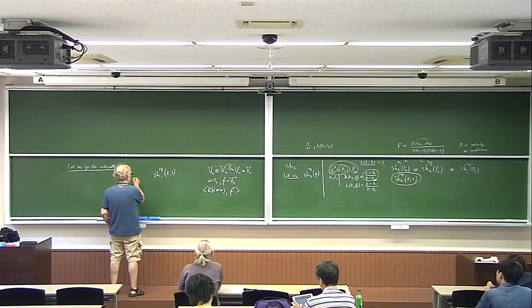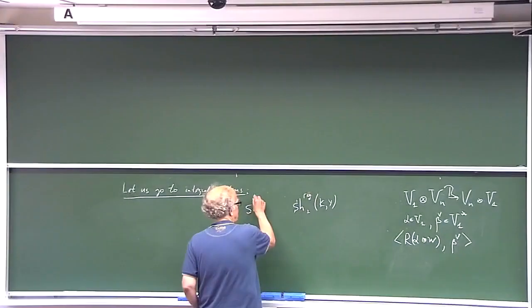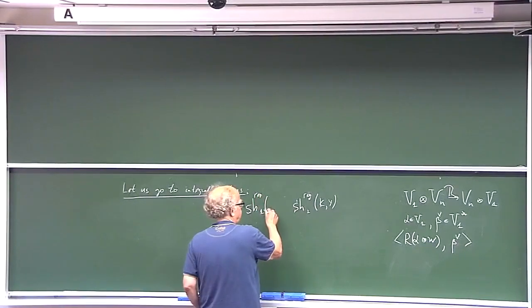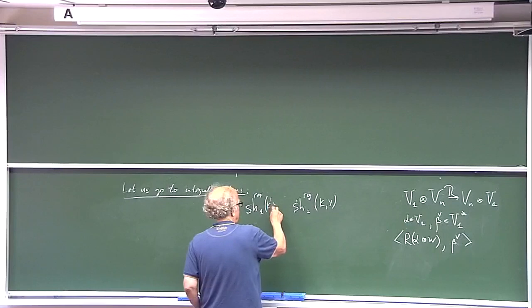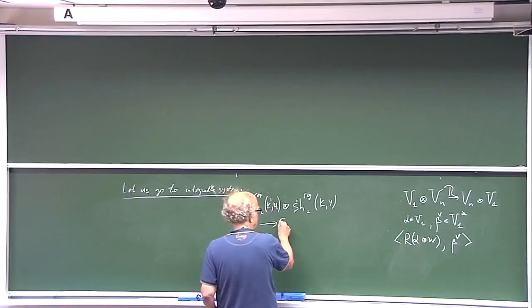And as I said, we have, maybe I put here some K prime and U here, and it is a permutation.